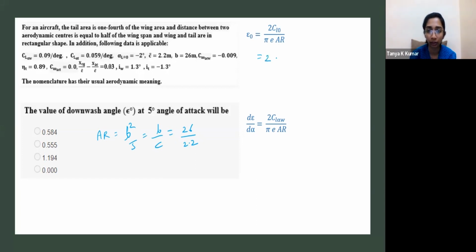So if you substitute those values here, CL naught, how much did we find CL naught as? 0.18, right? So pi and 26, 2.2. What is this value? And this again, we need to convert into radians.